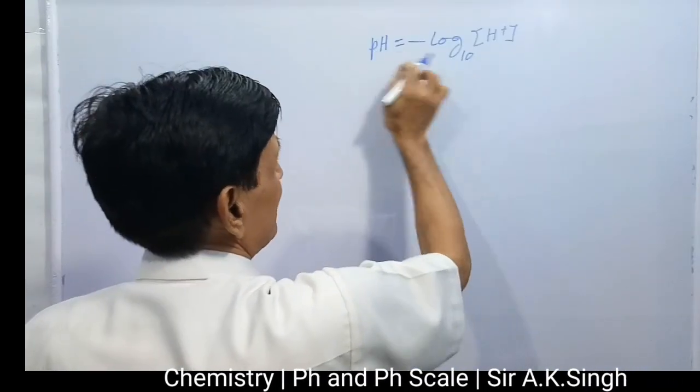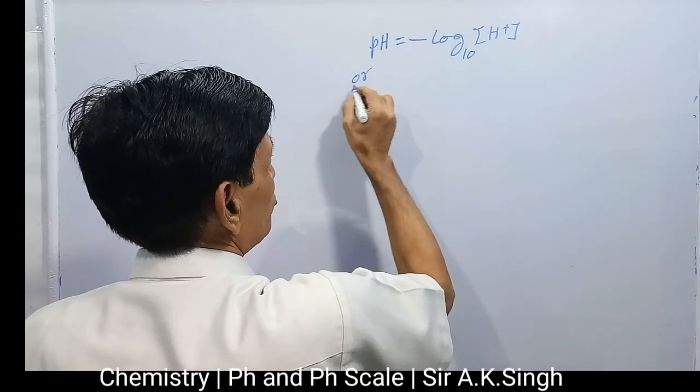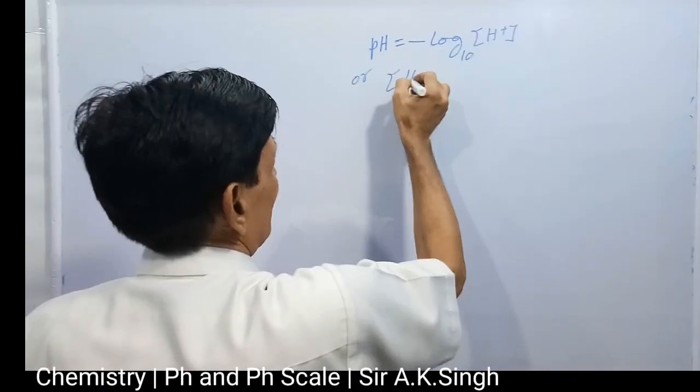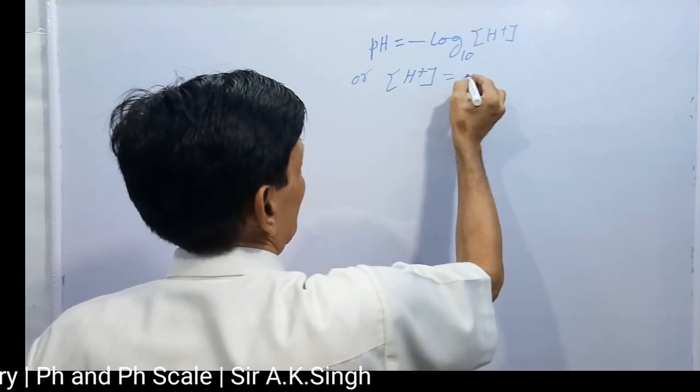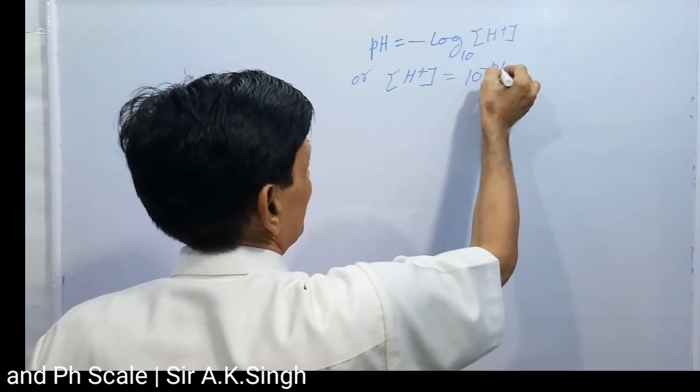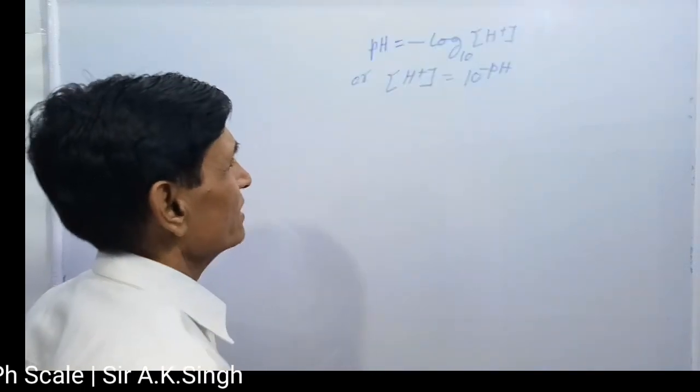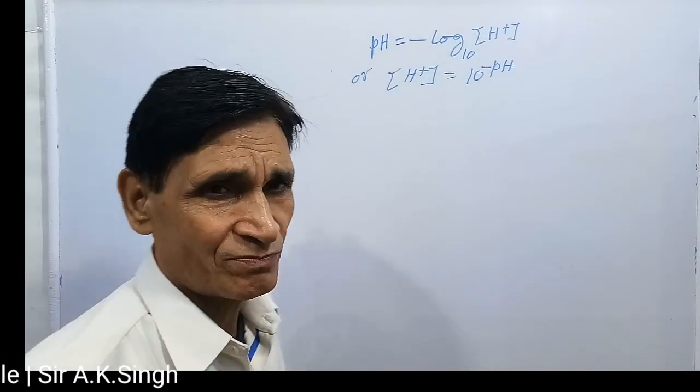Or you can write hydrogen ion concentration equal to 10 to the raised power minus pH. You can calculate by using this.